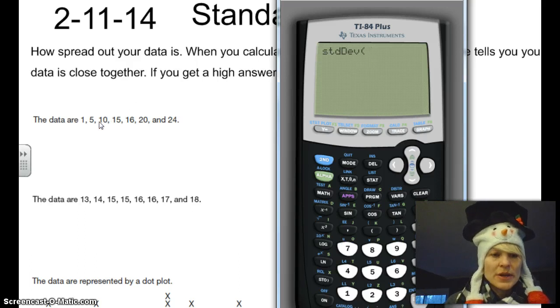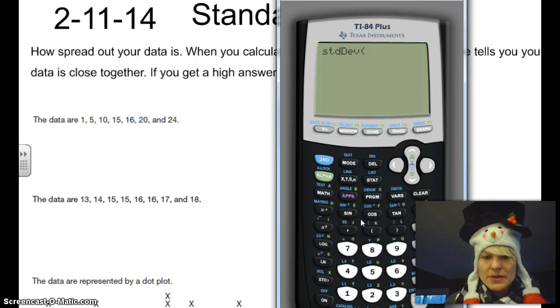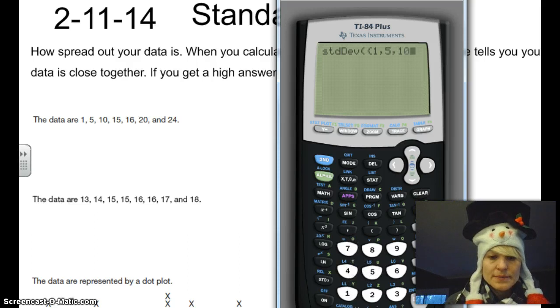Now we want to enter our data. Before we enter our data, we have to put a special parenthesis, a fancy one, or a bracket that's above the parenthesis. So we do second parenthesis, and you can see you get this nice little squiggly one. Then we put our data in with commas. We'll put in 1, and here's your comma above the 7, 5, comma, 10.